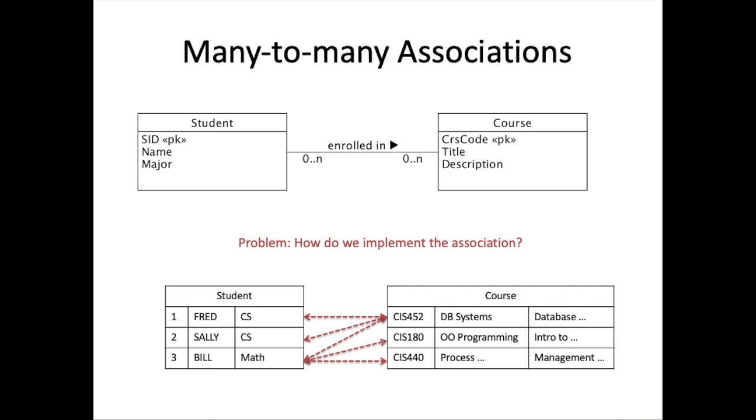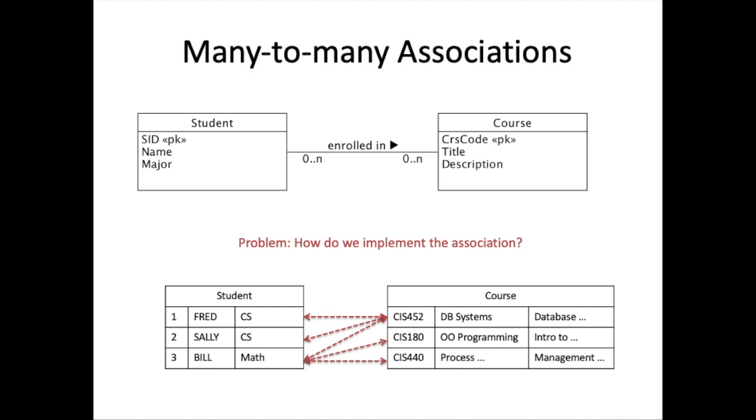So in addition to Bill's name and major, we'd have his email address, snail mail address, phone number, and advisor, on and on. So we probably have many, many columns in there, and all that information would be redundantly recorded over and over again for each time that student enrolled in a course. Okay, so the foreign key solutions don't work.